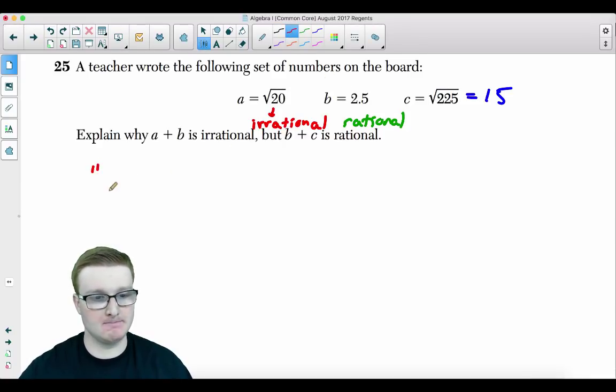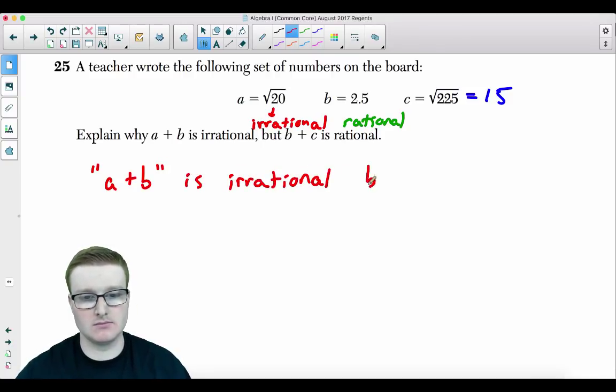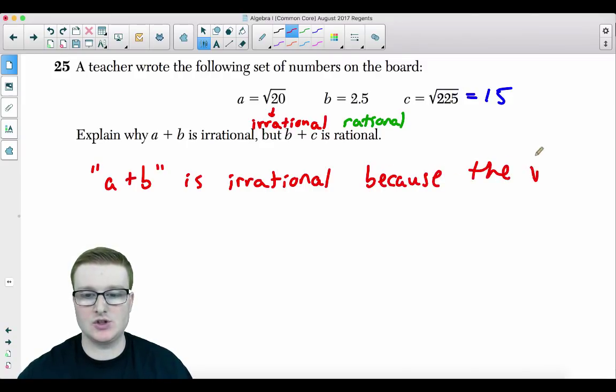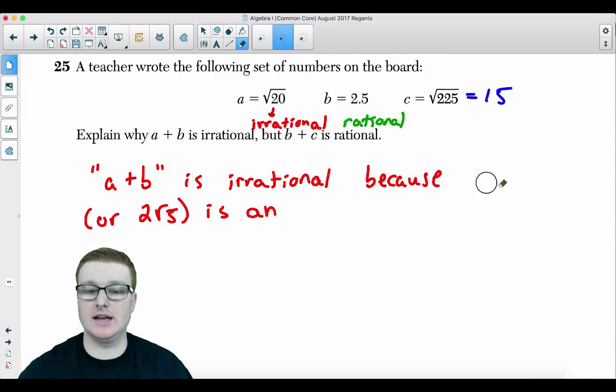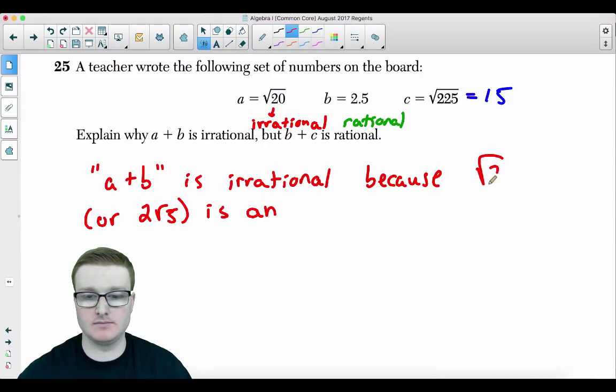So let's begin. I'm going to say that a plus b is irrational because the square root of 20, or in parentheses, 2 radical 5, is an irrational number.